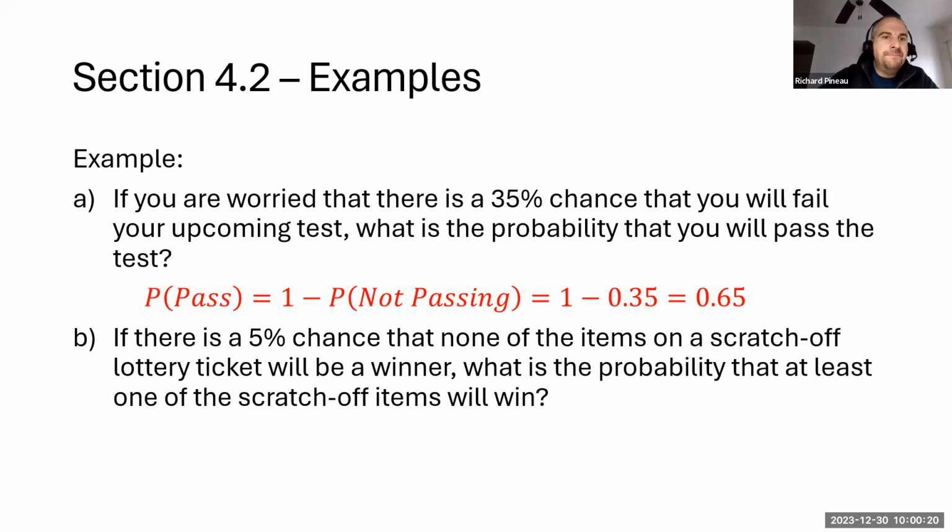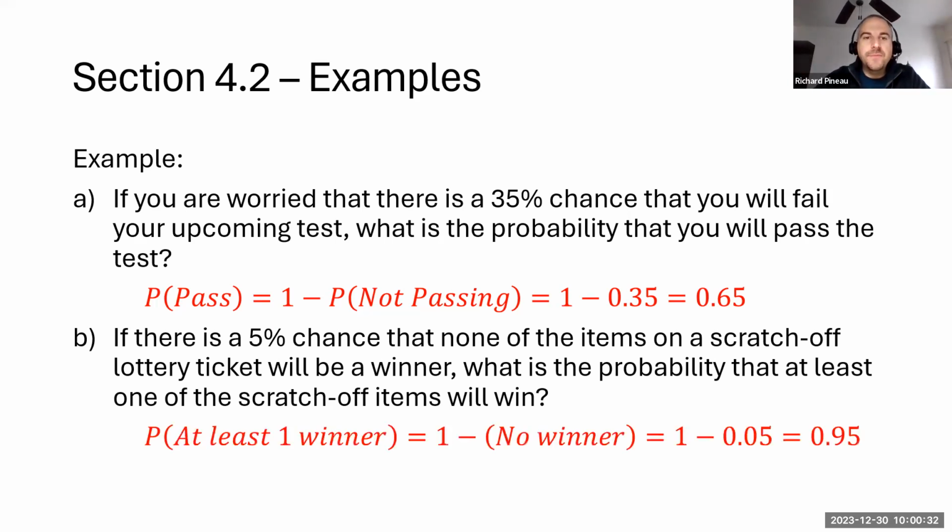We have a 5% chance that none of the items on a scratch-off lottery ticket will be a winner. So we want to know what is the probability that at least one of the scratch-off items will win, okay? This one is a bit tricky. That wording "at least" means one winner, two winners, etc. So how do we know what the probability of having at least one winner is?